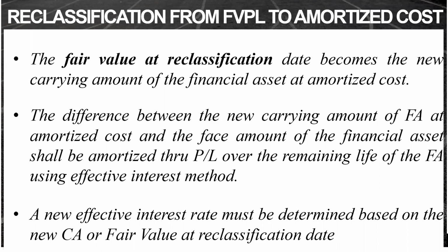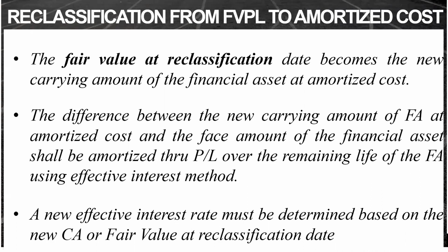And then from fair value through profit or loss to fair value OCI, and vice versa. So meaning from fair value through OCI to fair value through profit or loss. So let us start with the reclassification from the fair value through profit or loss to amortized cost.